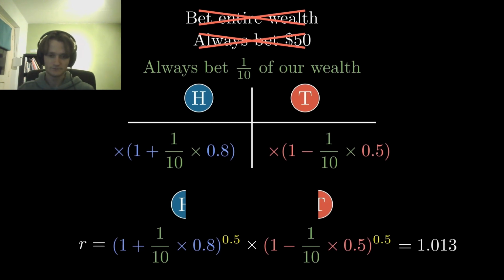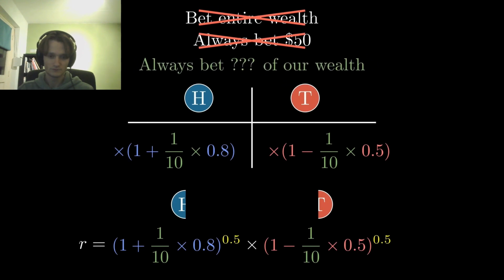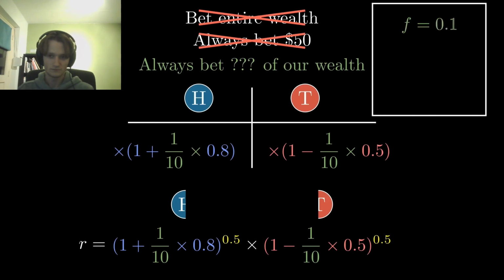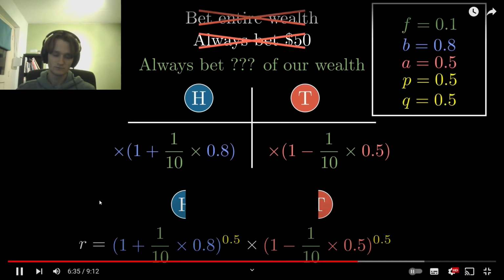But is betting 1/10 of our wealth optimal? Why not 1/15 or 1/5? To answer this question, we can start by generalizing the equation. Let's say F is the fraction of wealth we're betting, B is the gain, A is the loss, and P and Q are the probabilities of heads and tails.